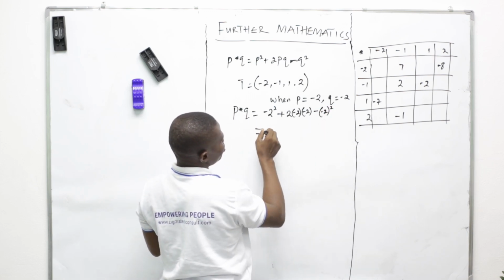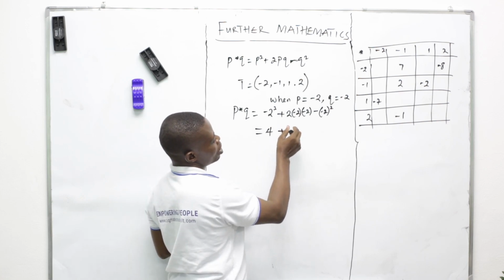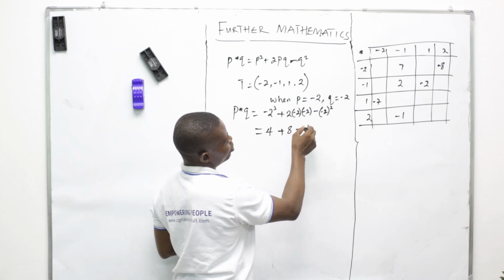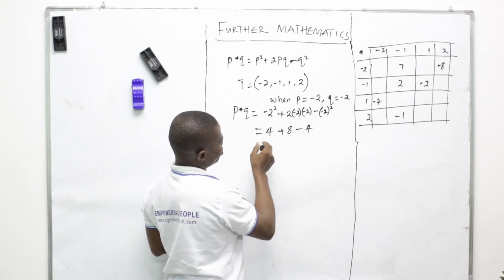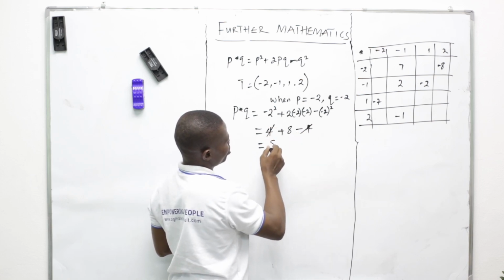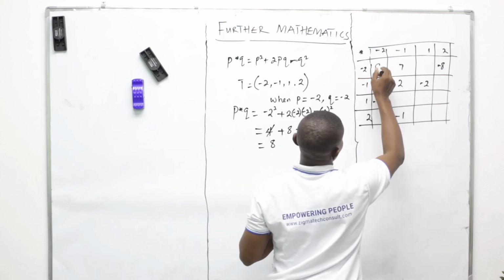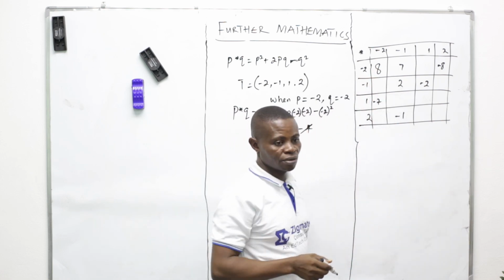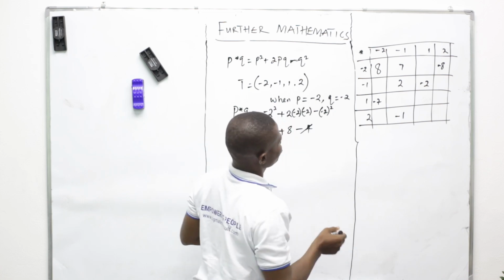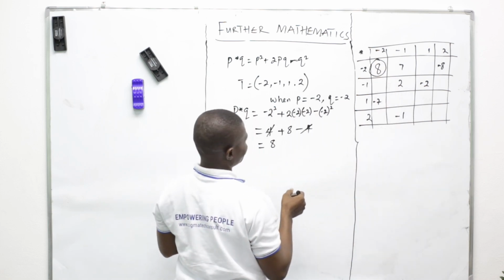This will give us 4 plus 8 minus 4 equals 8. So here is 8. You circle it because that is the one you filled.